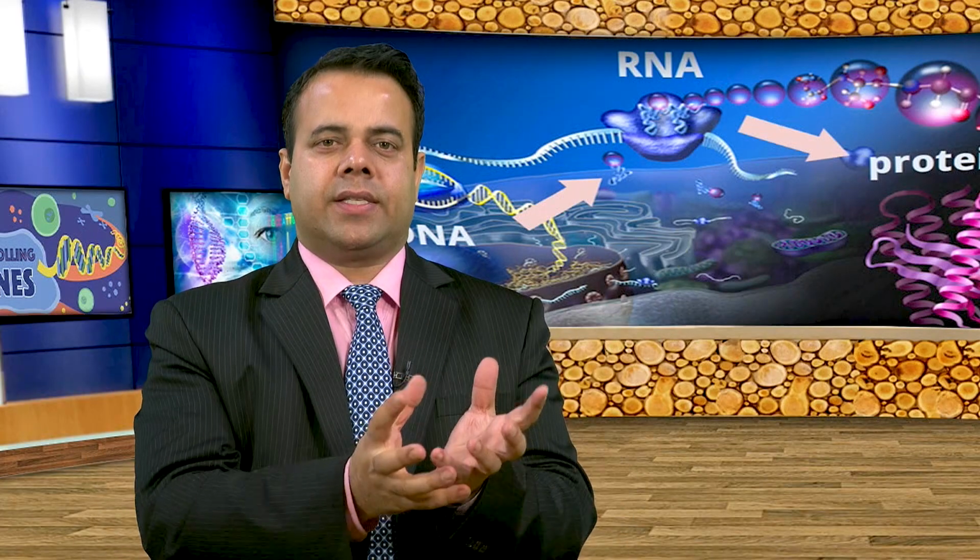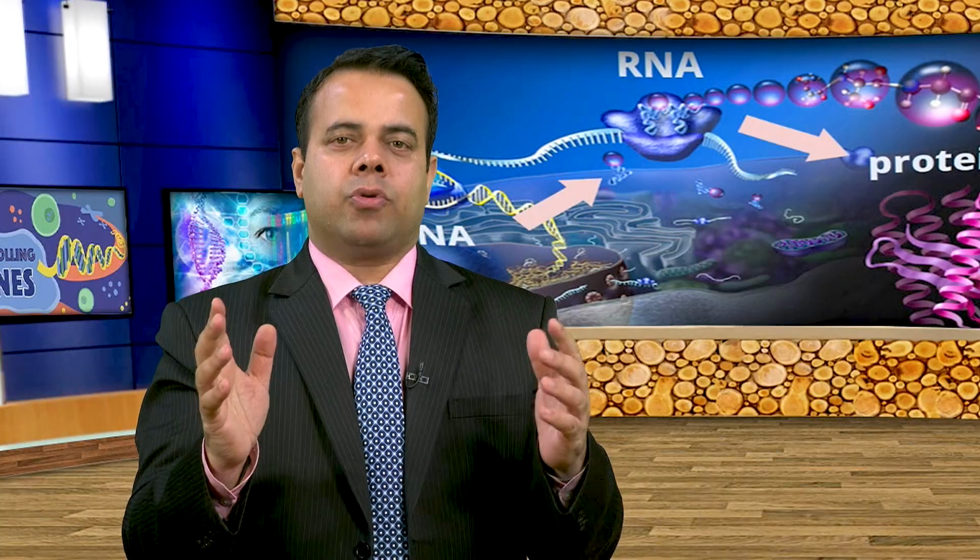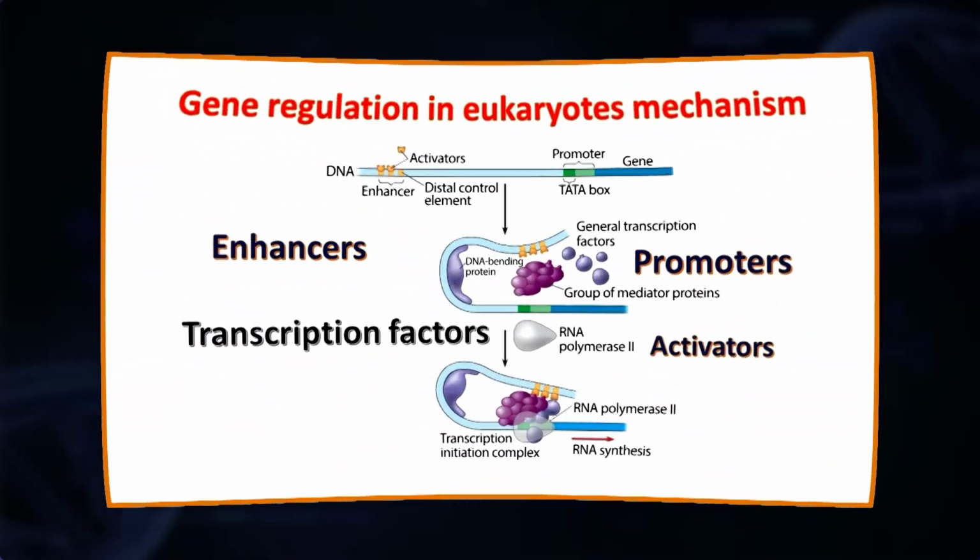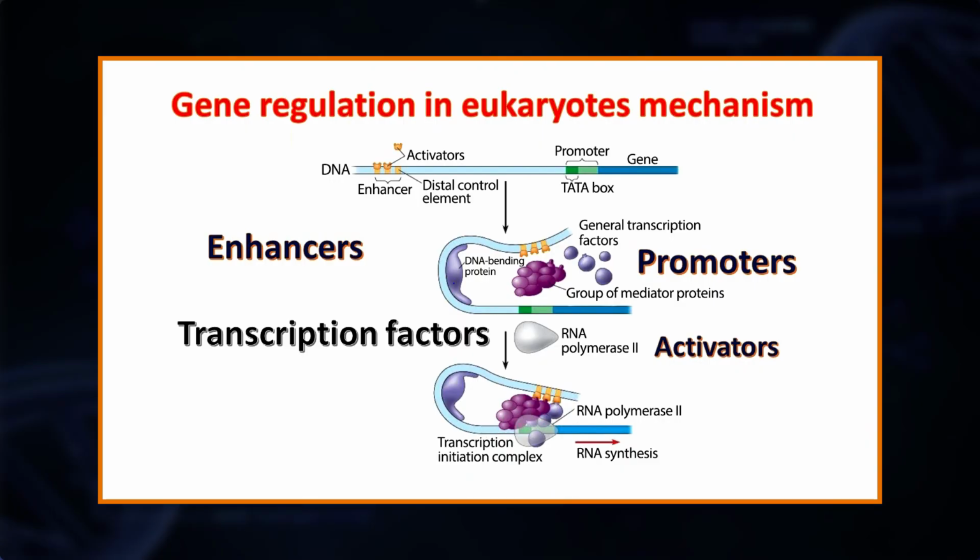This looping is the result of interactions between the proteins bound to the enhancer and those bound to the promoter. These proteins that facilitate this looping are called activators, while those that inhibit it are called repressors.